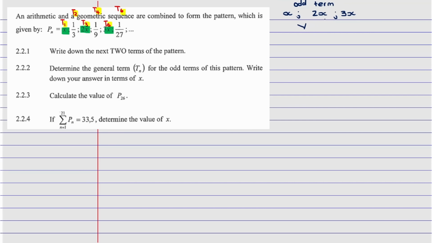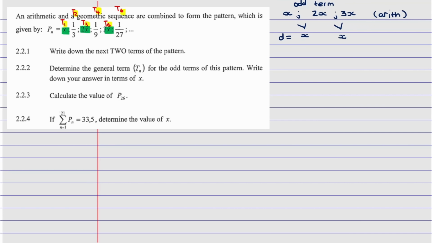When we do this, it's actually going to be an arithmetic sequence, because the difference is the same. 3x minus 2x gives us x, and 2x minus x gives us x, meaning d is equal to x, our common difference is x. So our d is equal to x, making this an arithmetic sequence. I hope this makes sense.